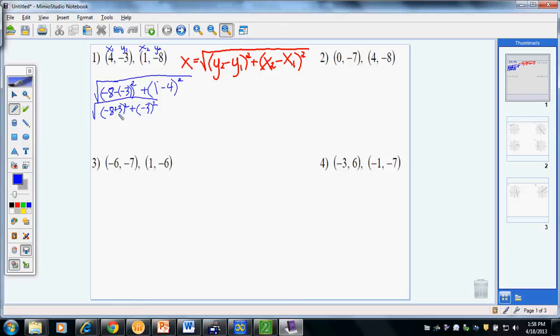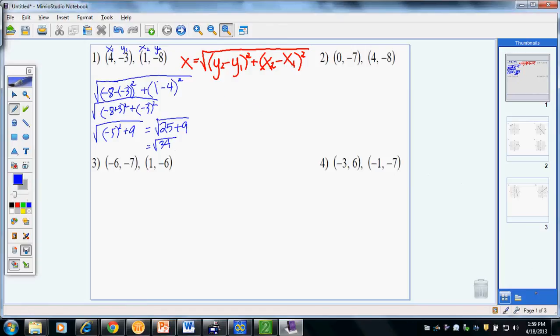So now negative 8 plus 3 is negative 5 squared plus negative 3 squared is 9. Right, so we have now the square root of negative 5 squared, which is 25, plus 9, which equals the square root of 34.